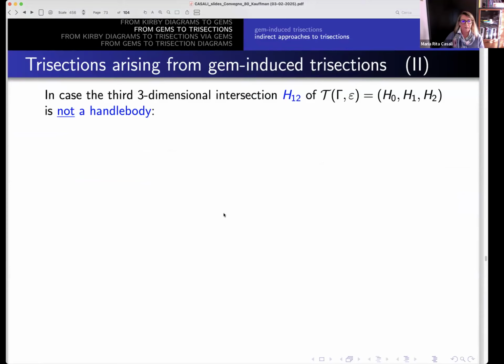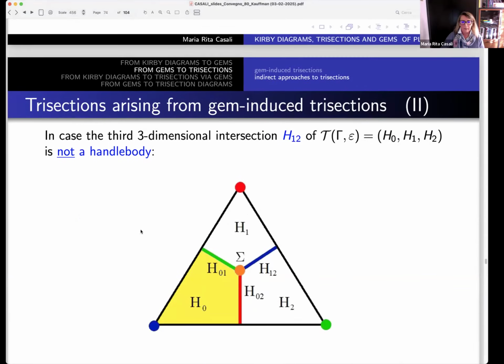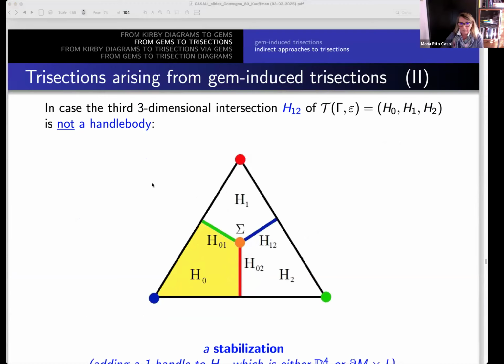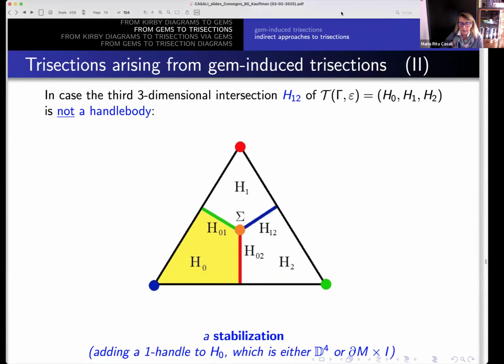The second indirect approach is used when the third three-dimensional intersection does not collapse to a graph. In this case, we exploit the possibility of performing a so-called stabilization of the splitting. Roughly speaking, each stabilization consists of adding a one-handle to one of the four-dimensional pieces, in our case, the one equal to the four-sphere or to a collar on the boundary, without affecting the other two pieces.